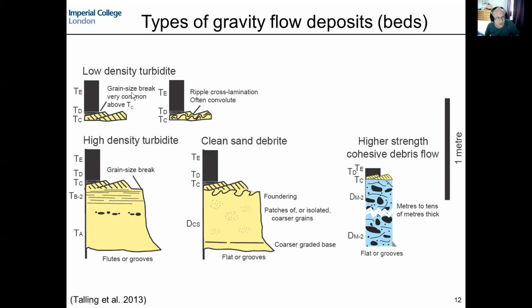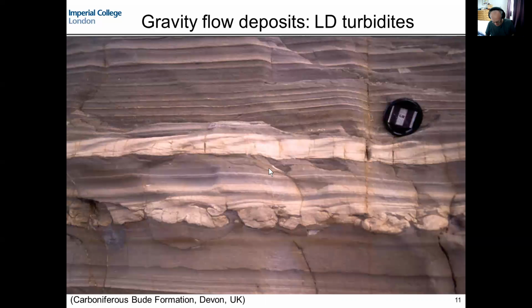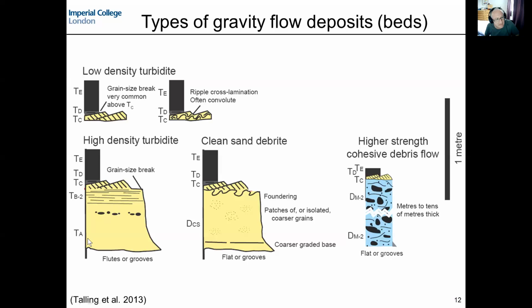Now, low density turbidites, like the two examples I showed you in the last picture, don't necessarily show the full A, B, C, D, E division, particularly if they're thin beds in relatively distal settings, far from the source of the bed.